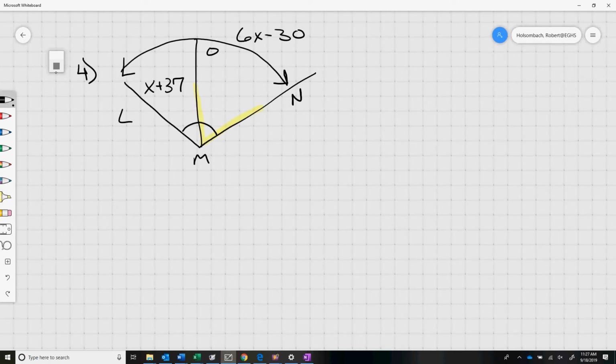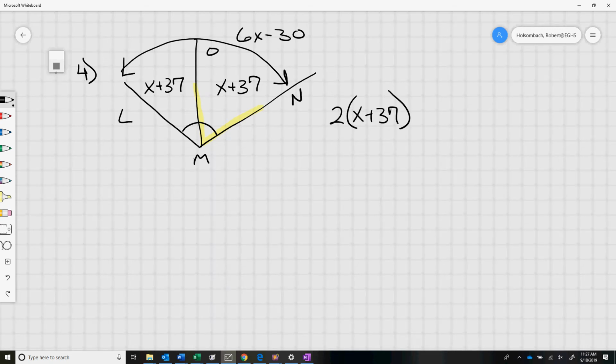If these two angles are congruent, then this angle is also x plus 37. So you've got two of the x plus 37s, and they have to equal the big angle, which equals 6x minus 30. So distributive property on the left, 2x plus 74 equals 6x minus 30.